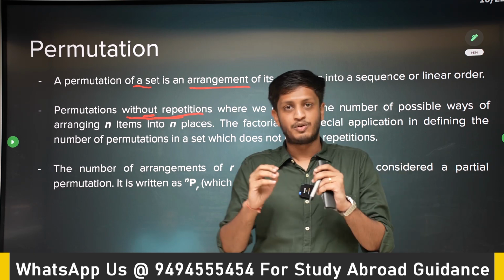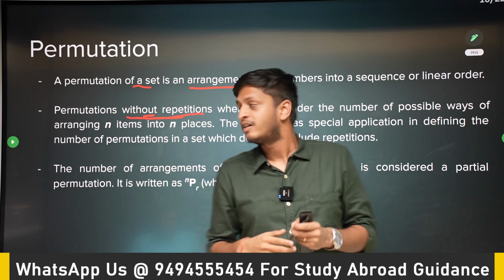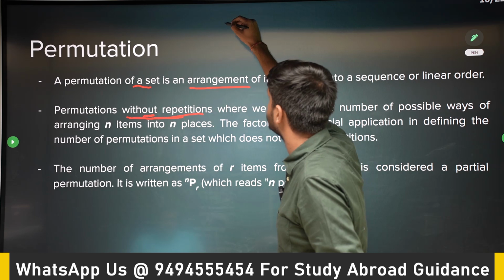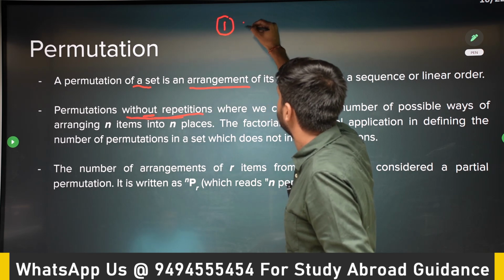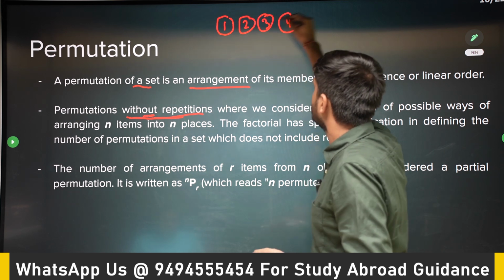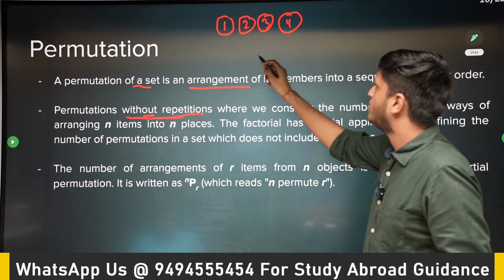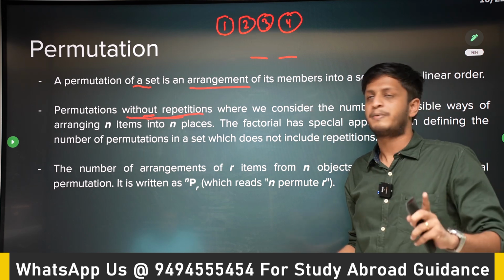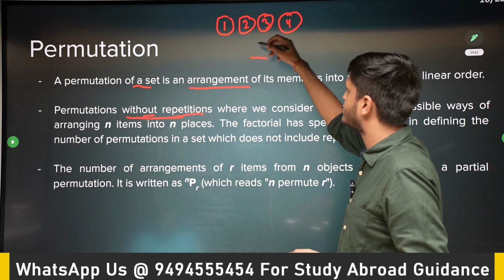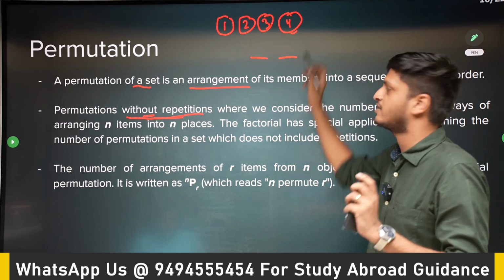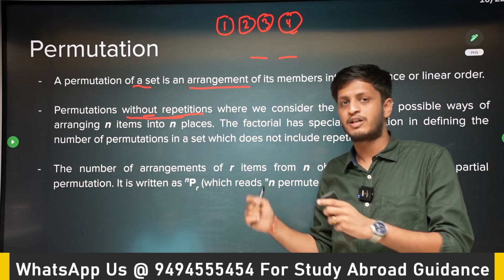So by default it is without repetition, you cannot repeat objects. For example, let's say you have 3 objects, 1, 2, 3, and you have to arrange them in 2 places. By default you cannot repeat them, so you put one of the objects here, and one of the objects here. You cannot use 3 twice. That is without repetition, you are not repeating the elements.